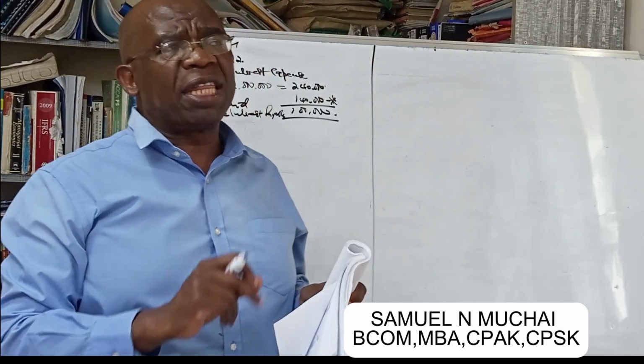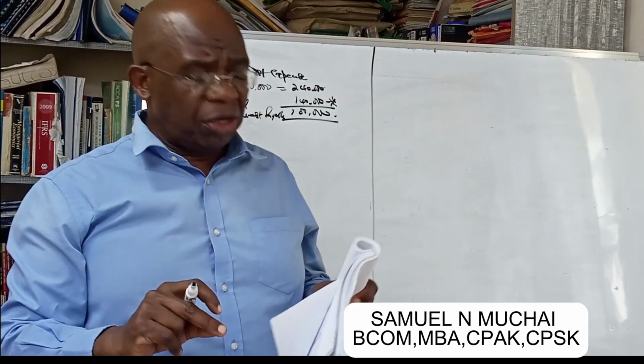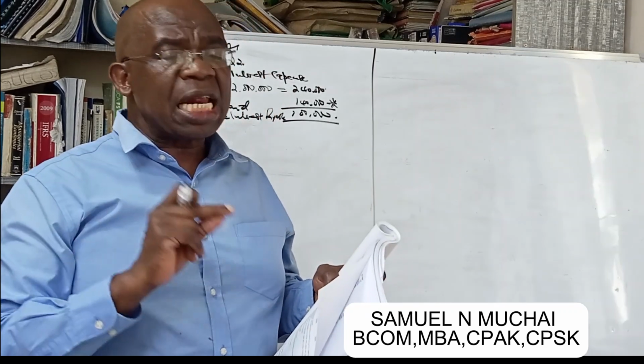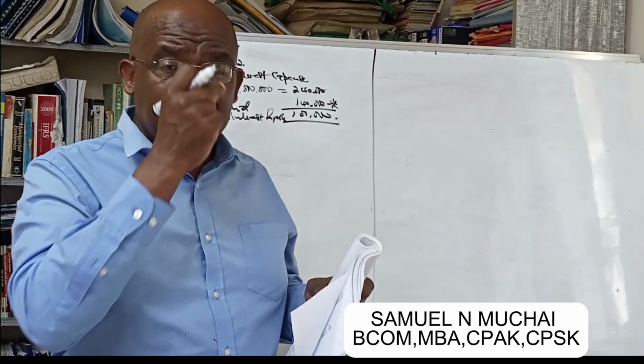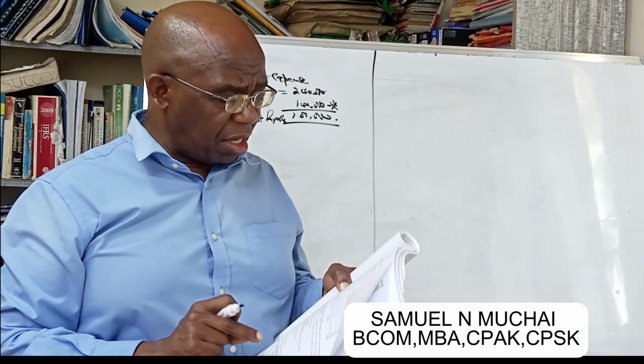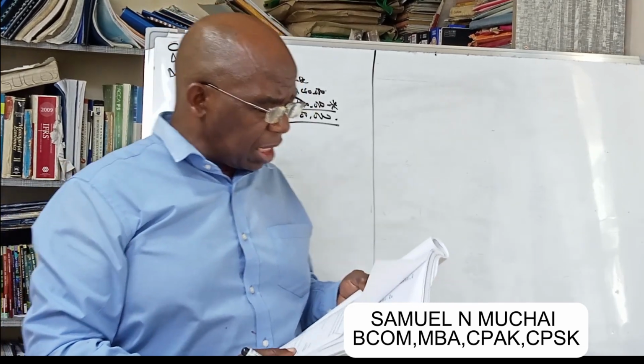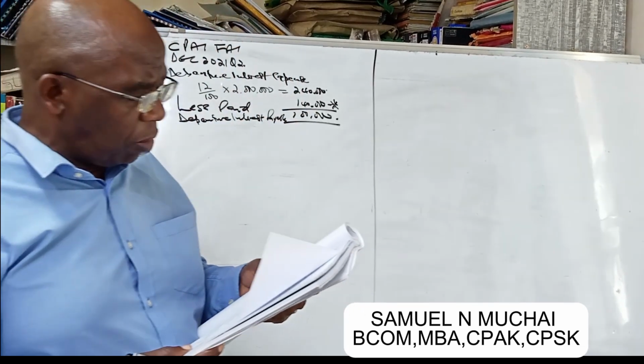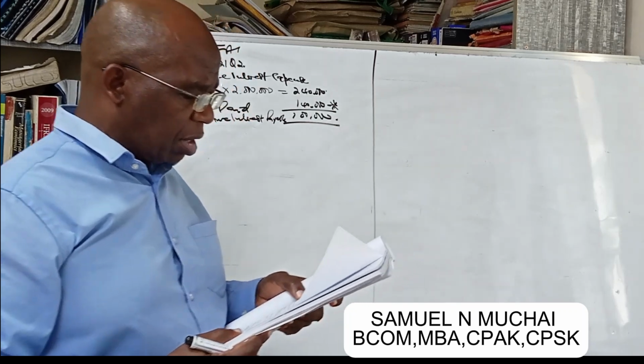Anytime you do a question, if there is general reserve and there is revenue reserve, revenue reserve is the same as retained earnings. Then 12% debentures, accounts receivable and accounts payable, ordinary share capital, allowance for doubtful debts.